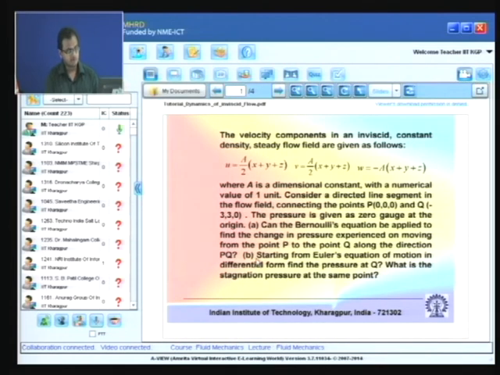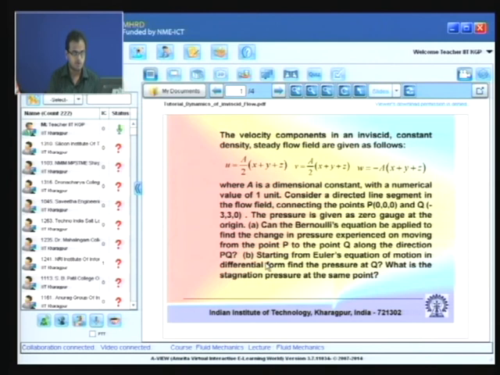Now, the second part is starting from the Euler's equation of motion in the differential form, we need to find out the pressure at point Q. We also need to find out the stagnation pressure at the same point. This is a fairly straightforward question in which you need to start from the basics.